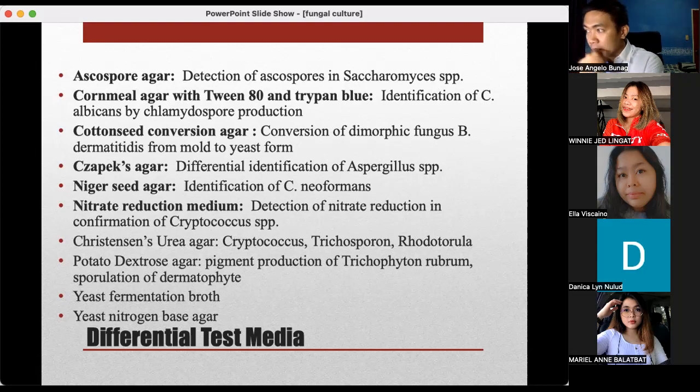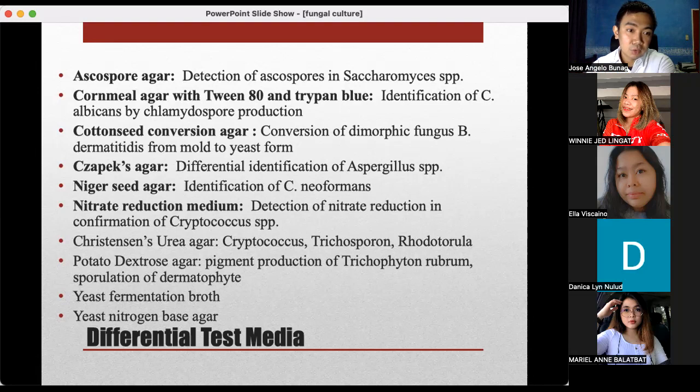Same with your nitrate reduction method. So this is for the detection of nitrate reduction in confirmation with your Cryptococcus. We also have your Christensen urea agar for Cryptococcus, Trichosporon, Rhodotorula.